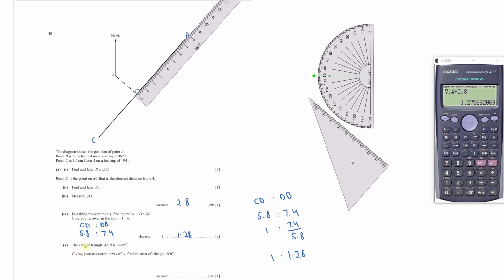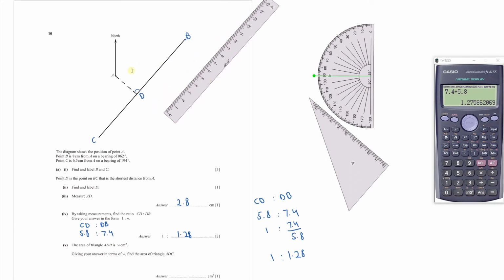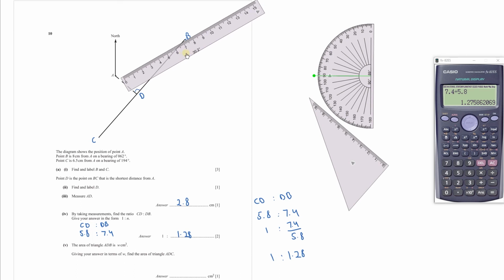Part 5: the area of triangle ADB is W centimeters squared. So ADB. So let me actually draw this line as well so you can get an idea of the triangle.